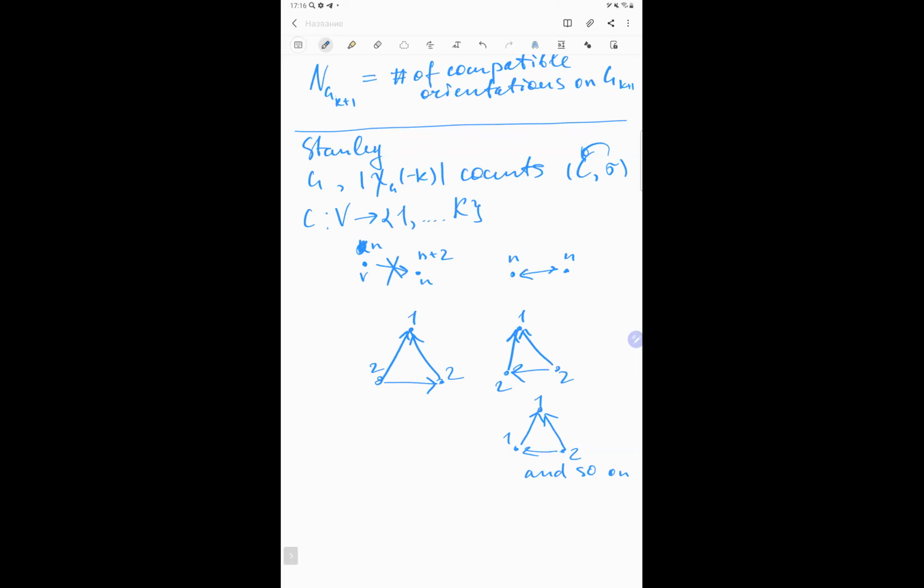So I was explaining what it is, the pair of coloring, not necessarily proper, and the orientations compatible to this coloring.